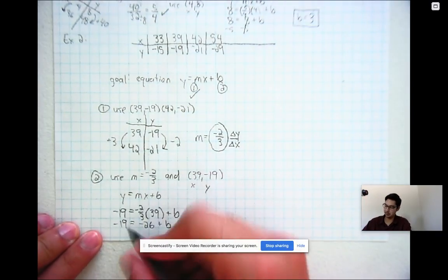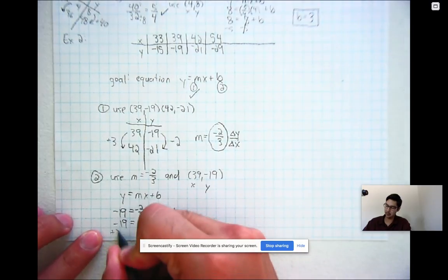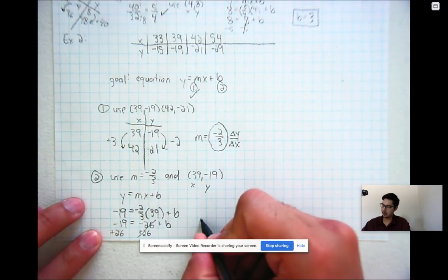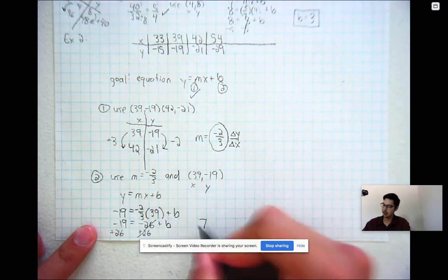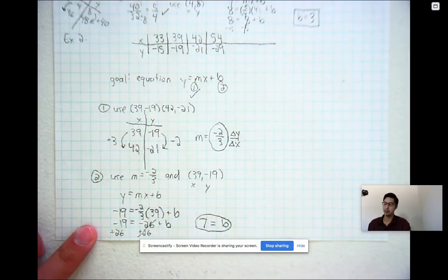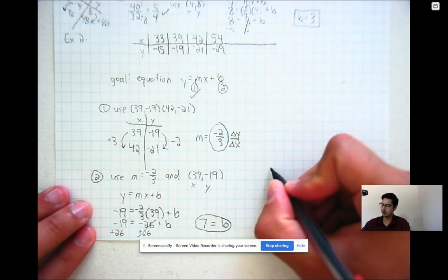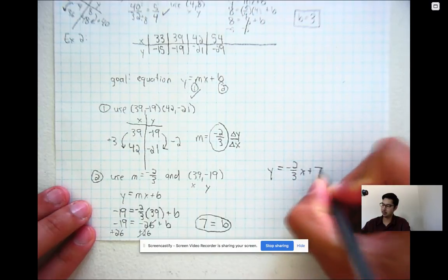How do you make that go to 0? Well, the opposite of that is to add 26. Do it to one side, you do it to the other. And what you end up getting here is that negative 19 plus 26 is 7 equals b. And that's the starting value here. So put all this together, and we have y equals negative 2/3 x plus 7.